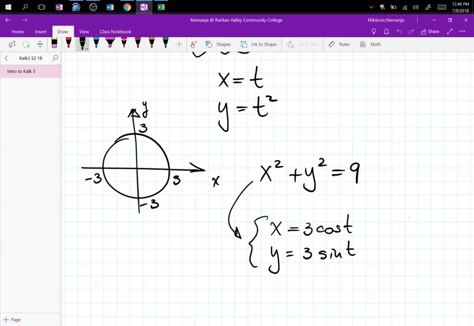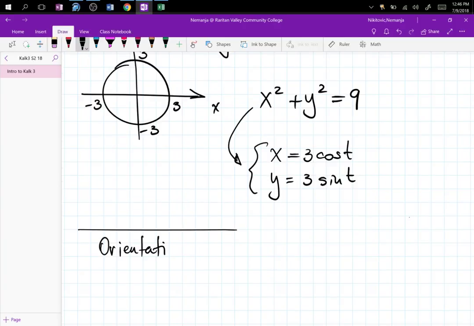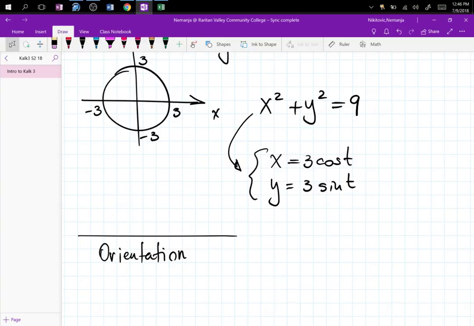Now, another part is orientation. You see, in parametrization, we are introducing a parameter t or parameter theta or s, whatever, and that grants us another degree of freedom.